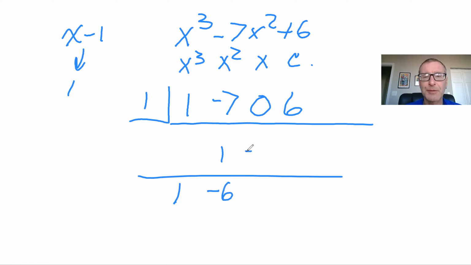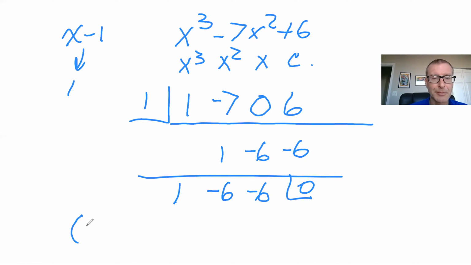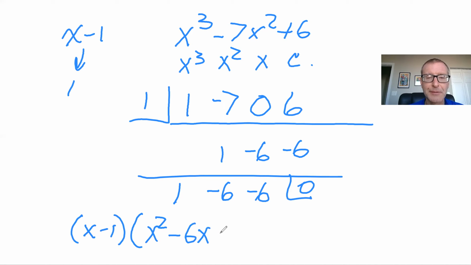Minus 6 times 1 is minus 6. You add this again, you get minus 6. Minus 6 times 1 is minus 6, and you see we get our 0 remainder. So here we'd have x minus 1 as the factor, and then, since it's cubed, the quotient would be x squared minus 6x minus 6.